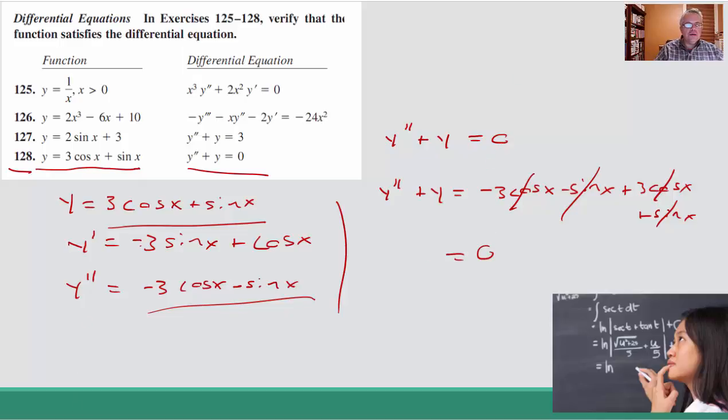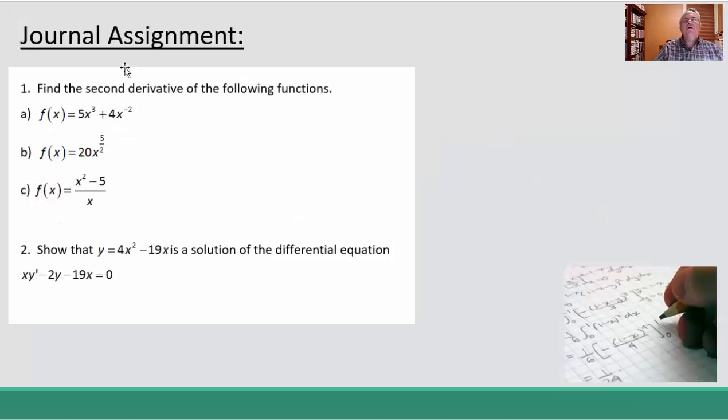Okay, it's your turn. So find the second derivatives of these three functions. On the third one, you're going to need the quotient rule probably twice. Then, for number 2, show that y equals 4x squared minus 19x is a solution to this differential equation.